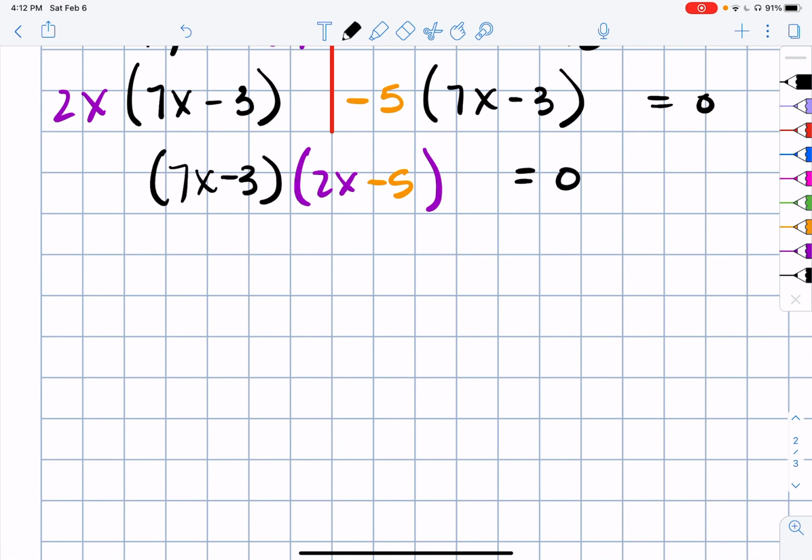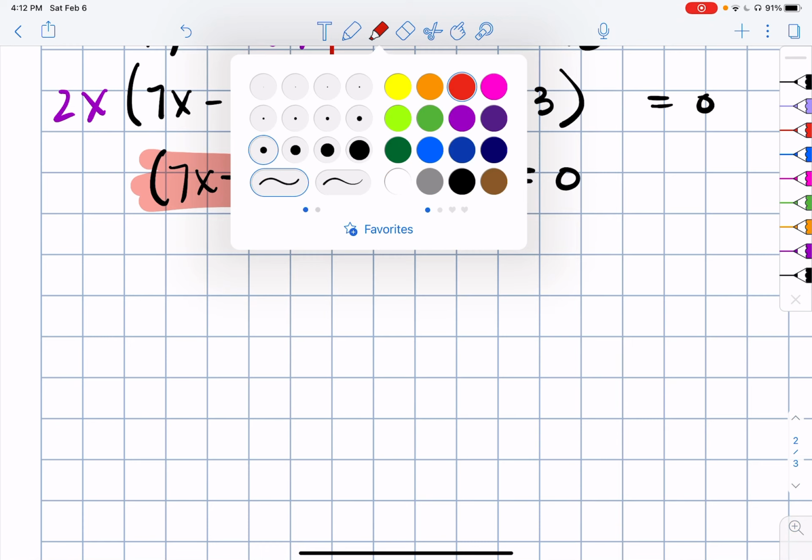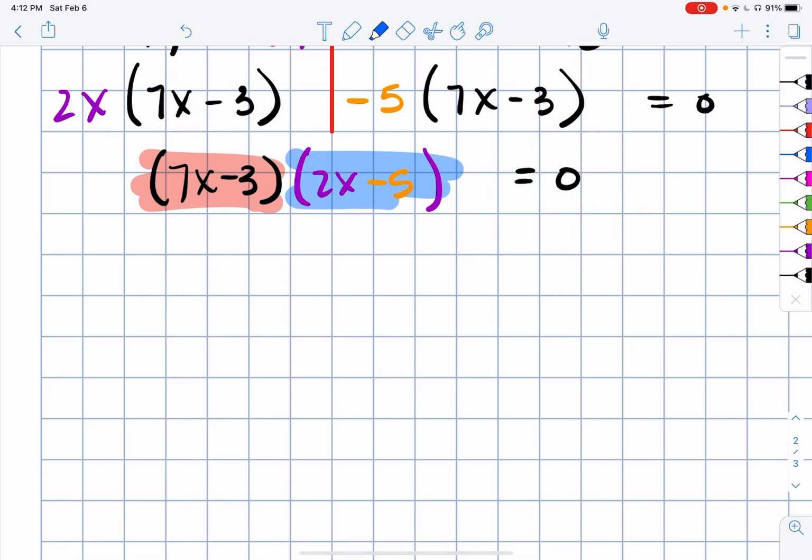So the whole idea is that this parentheses here is just a number, and this parentheses here is also just a number. If I have two numbers multiplied together to give you 0, that means either the red is 0 or the blue is 0, or both could be 0.